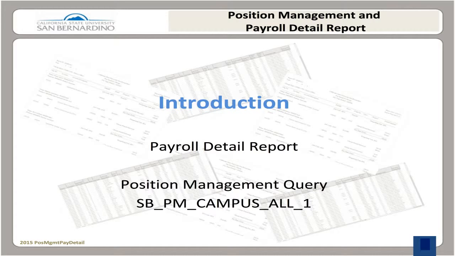Departments can then reconcile the chart field string totals for their positions in finance with the information on the payroll detail report. This ensures that payroll expenses are being posted to the correct chart field string. We will cover these details.